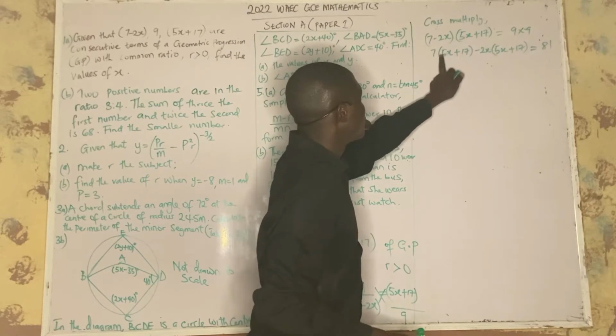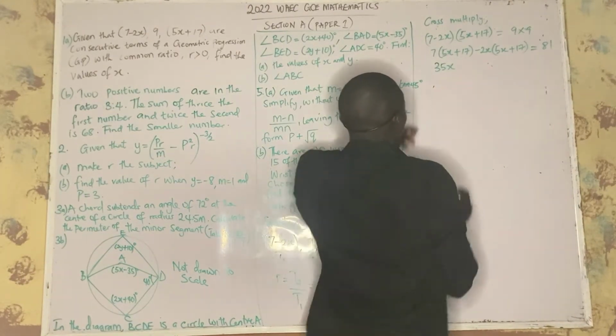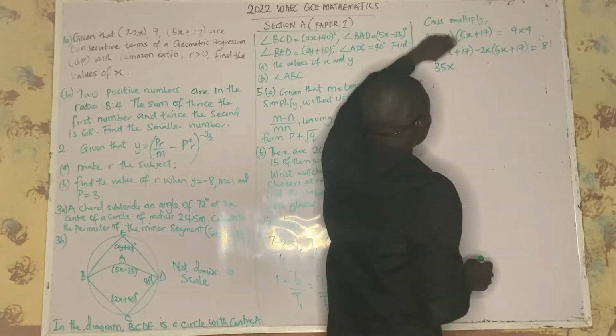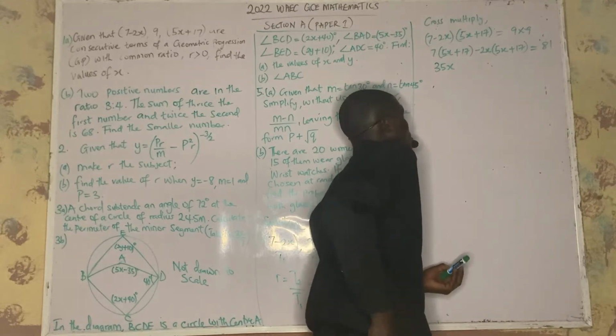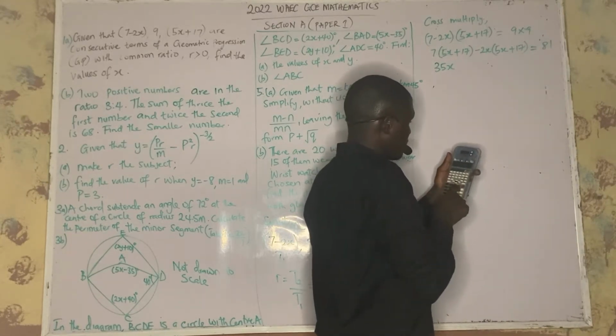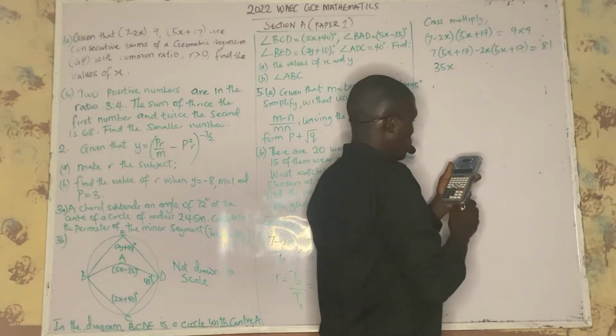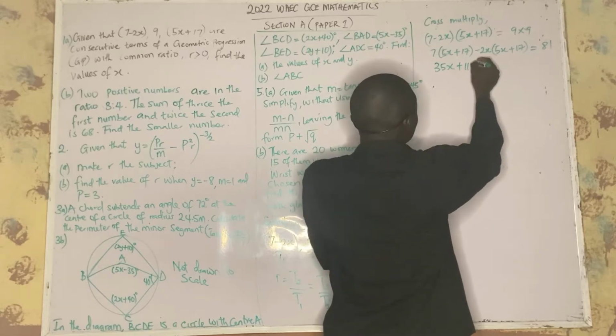Now from here, 7 times 5x is going to give 35x. 7 times 17, let me quickly calculate, we have plus 119.